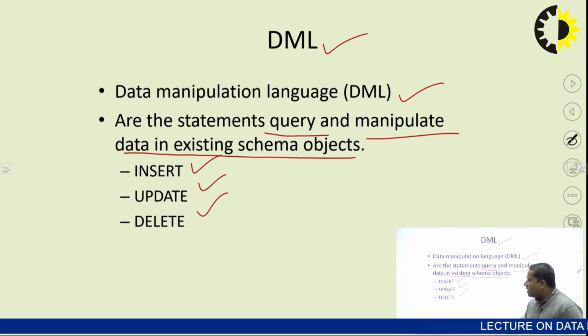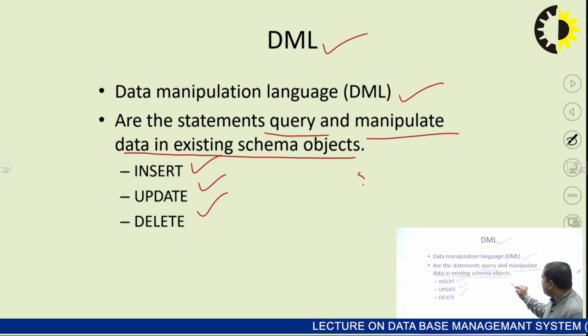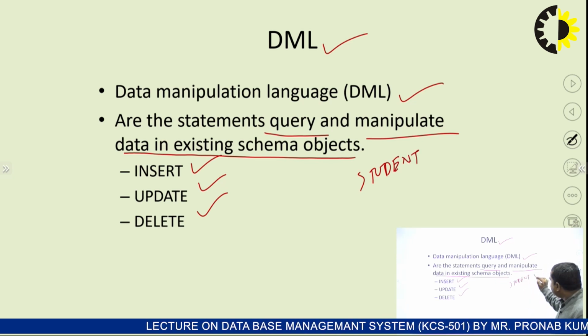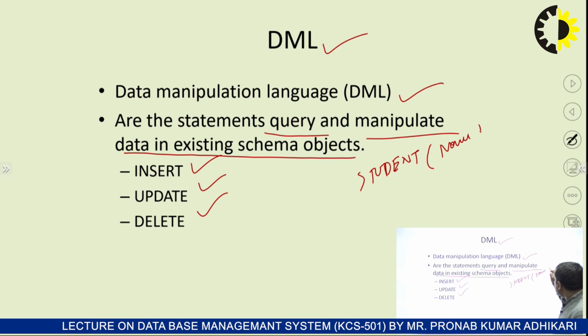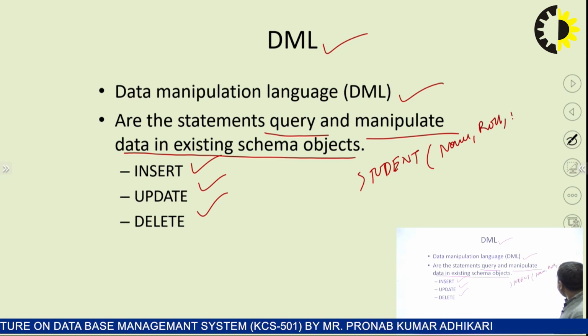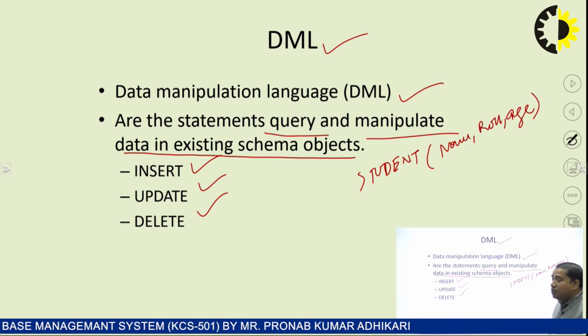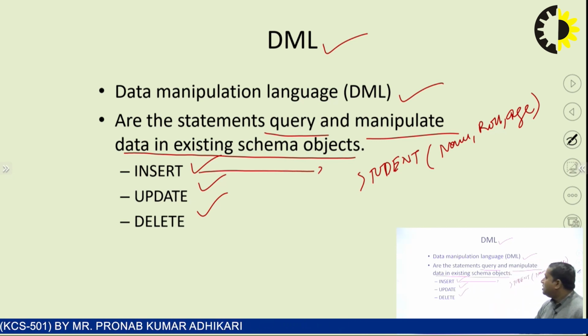Starting with the insert operation: when we have created a relation, for example a student relation with fields like name, roll number, and age, we have to insert certain records, and those records are inserted using the insert command.